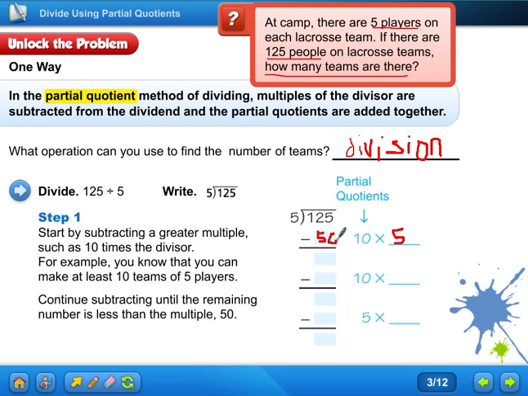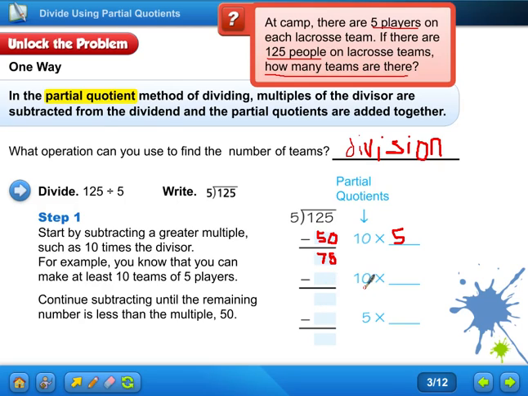So then you're going to have to subtract 50 from the 125. So 125 minus 50 is 75. Just make sure you line them up, guys. Make sure you line them up.